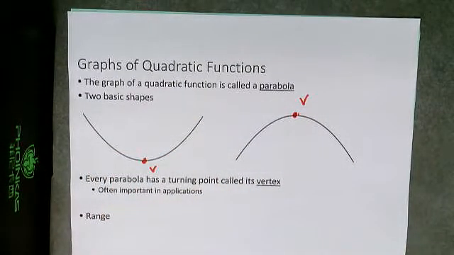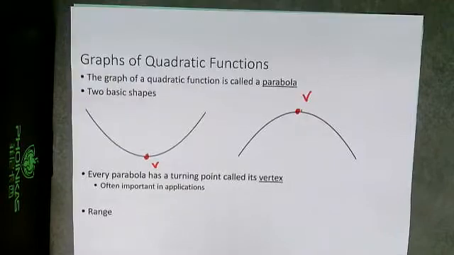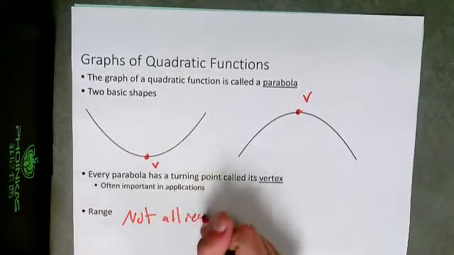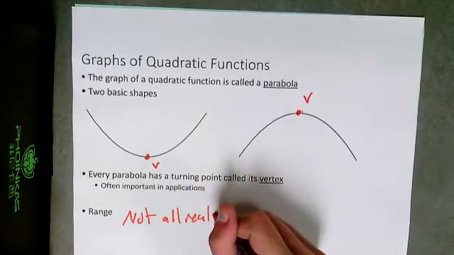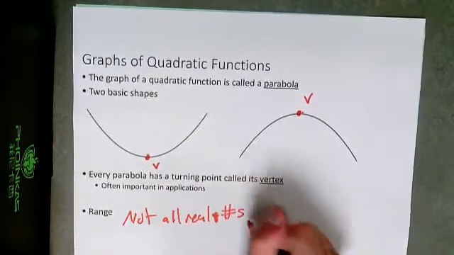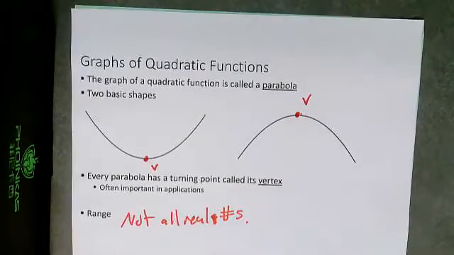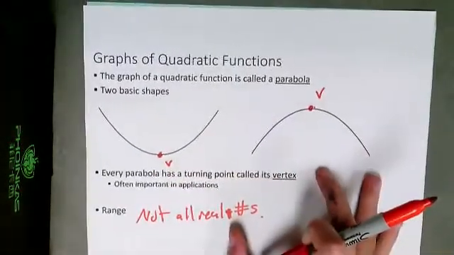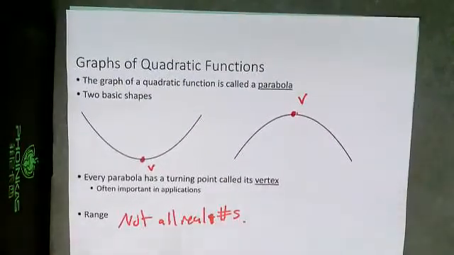Okay, every parabola has a turning point. It's called a vertex, which I've labeled as V, and they're very important in many applications. Something to note about the range is it's not all real numbers. Because it has a highest point or a lowest point, it's not going to be all real numbers.